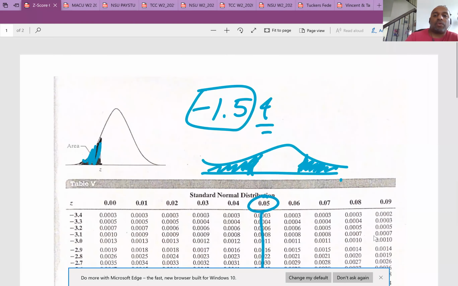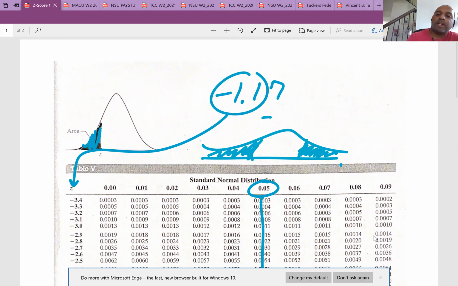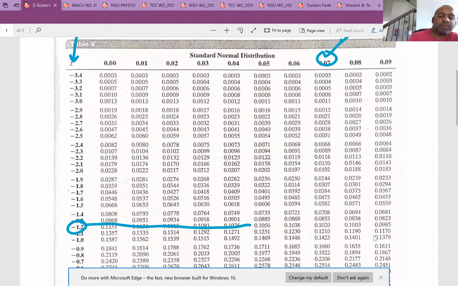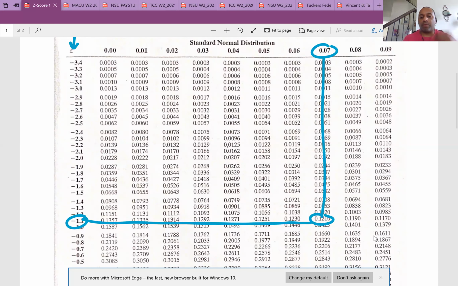So this time we're looking for negative 1.17. So the negative 1.1 is what we're going to go here with, and then the 0.7, what we're looking at right here. So negative 1.1, 0.7, they meet right here at 0.121, excuse me.